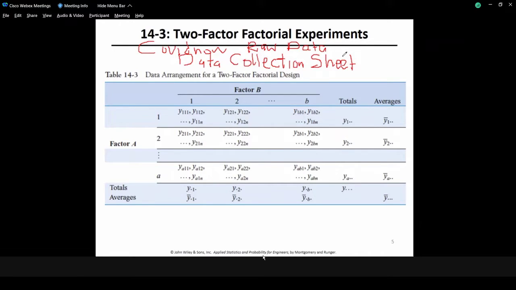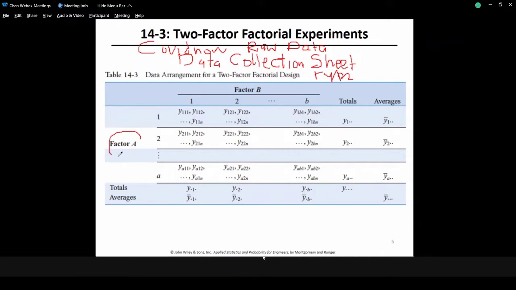So for your case, as mechanical engineering students, you need to collect the data for FYP2. So how to collect data? In this case, remember it is two factors.